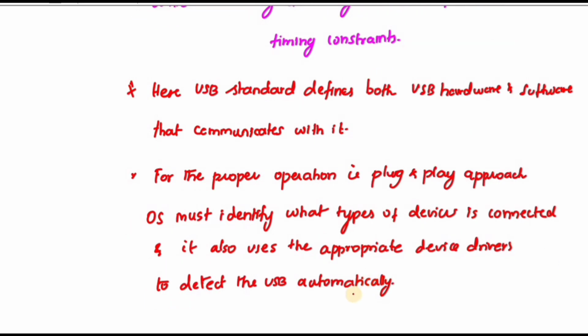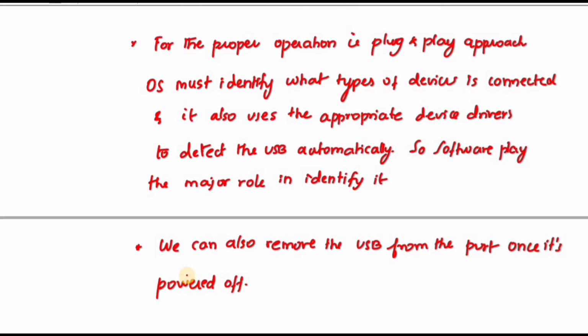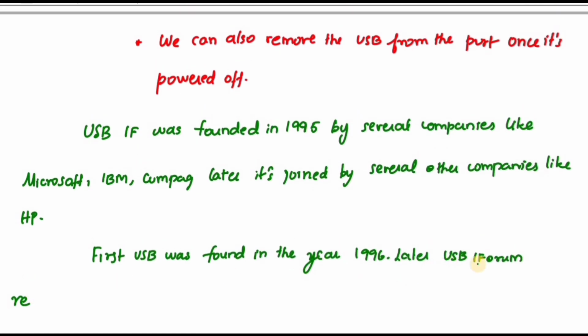Here the device is nothing but hardware, and the device driver is software which is used to detect the universal serial bus automatically. So the software plays the major role in identifying it. We can also remove the USB from the port once it is powered off.